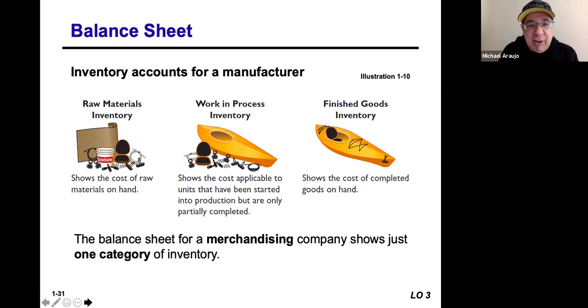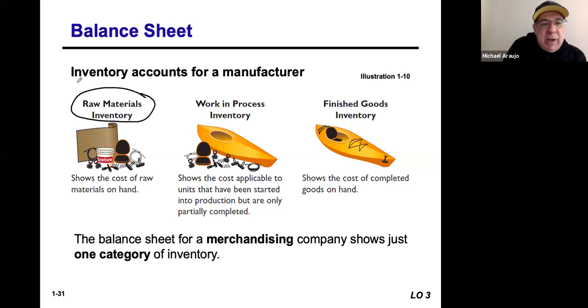And so they actually have three categories that are important. First, they actually have to buy the raw materials, okay? Purchasing those raw materials is a temporary asset for the company. So it becomes part of the inventory account for a manufacturer.